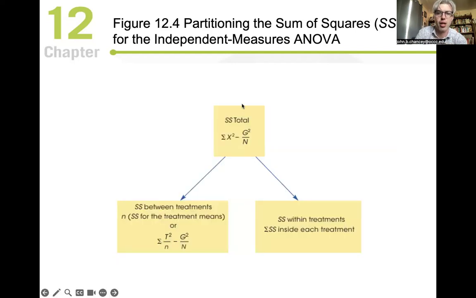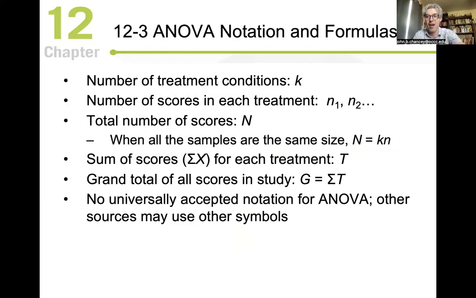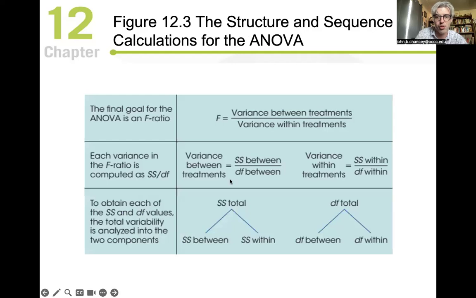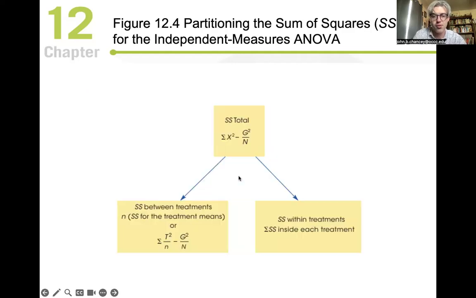So, if we want to look at our sum of squares total, we're going to add up all of our scores, square them, and subtract that from G squared over N. So go back, make sure you have this handy while you are looking at these formulas because it's going to make it a lot simpler. That breaks down to sum of squares between. Remember, we need sum of squares between in order to solve the variance between treatments.